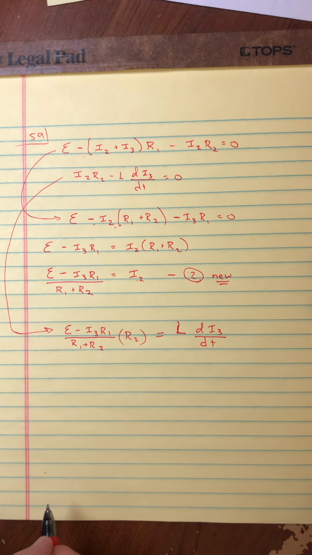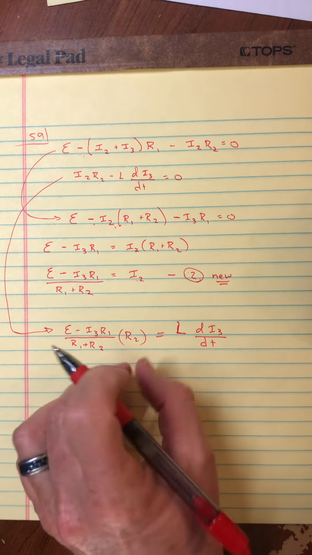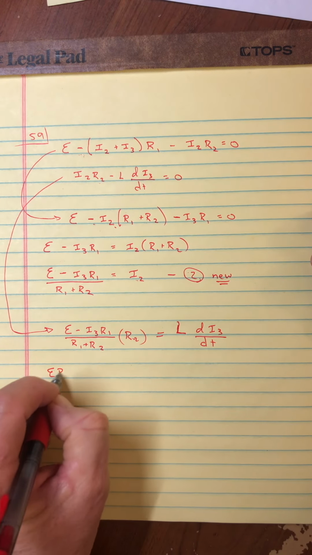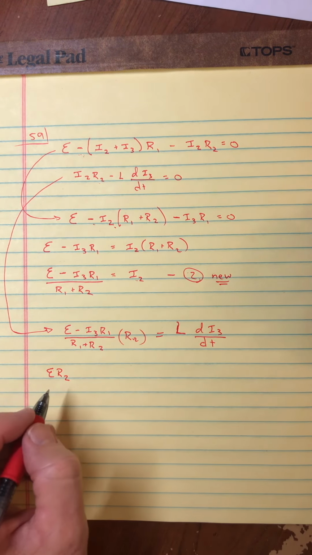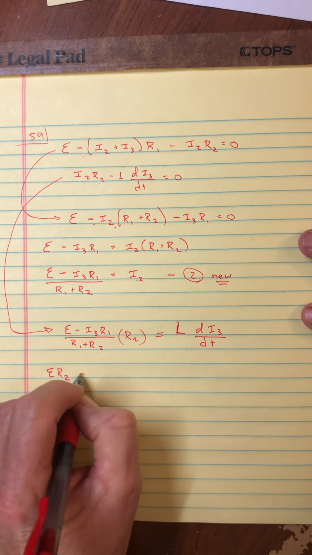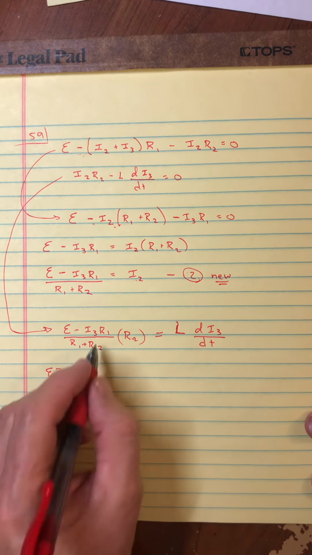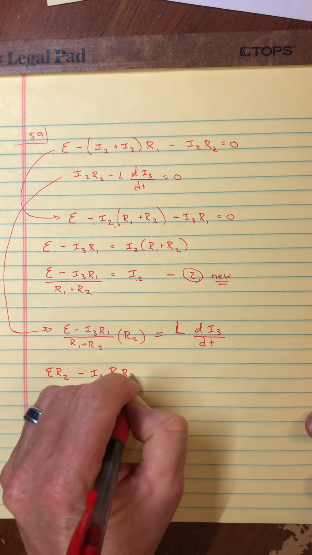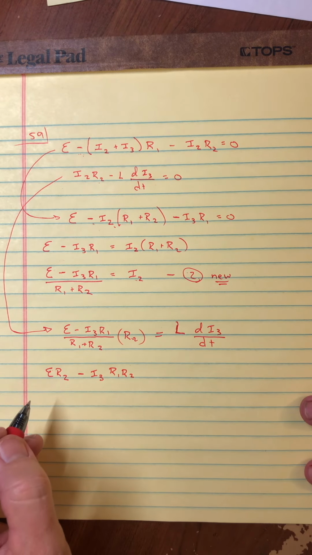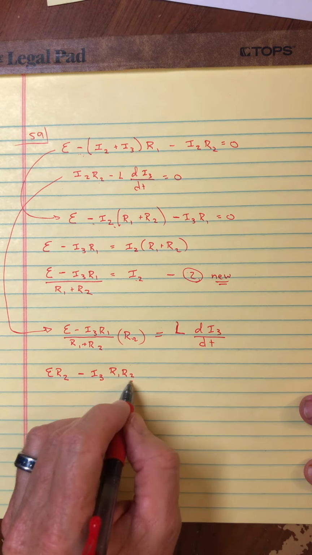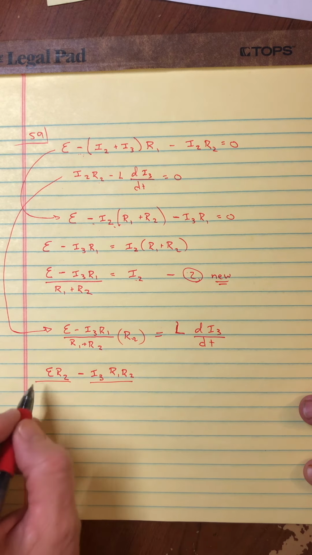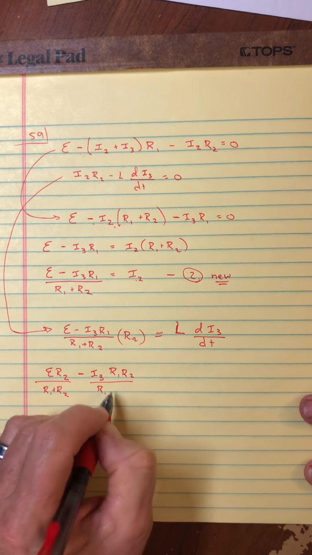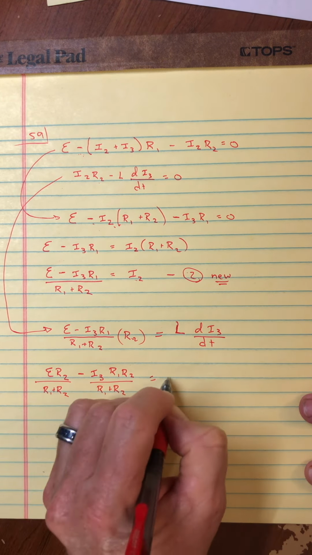Okay. Now, if I do a distributive property of R2 onto here, this becomes ER2. And then this becomes a minus current 3. And I've got an R1 times an R2. And each of these are divided by an R1 plus an R2.